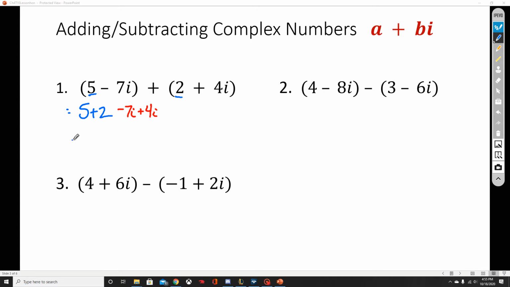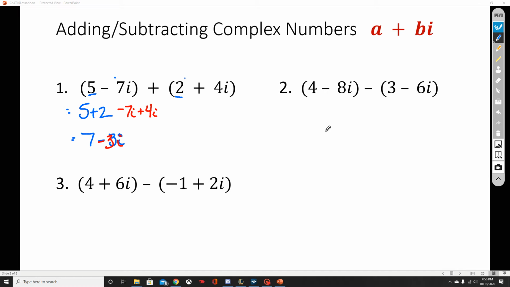So this would bring us to 7 for the real part and negative 3i for the imaginary part. And that would be our simplified form when we add the complex numbers. All right, so you're just combining the real parts, combining the imaginary parts. I should put this in red like I did the rest of the imaginary parts.